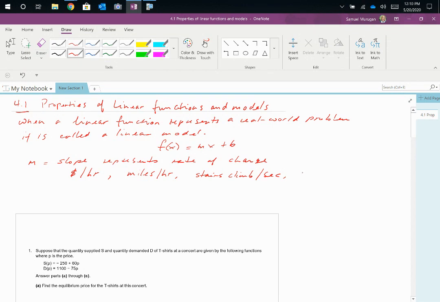How many tacos you eat per minute, all of those are rates of change or slope. So it's used to represent variable costs.